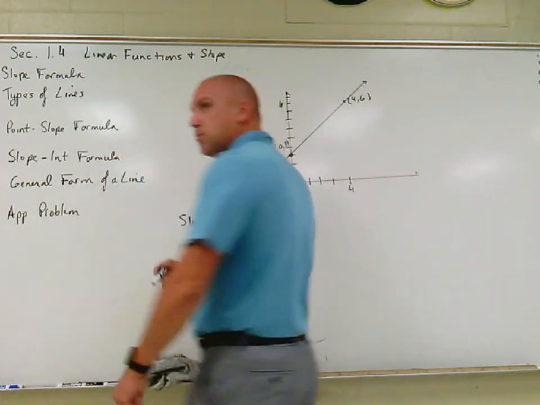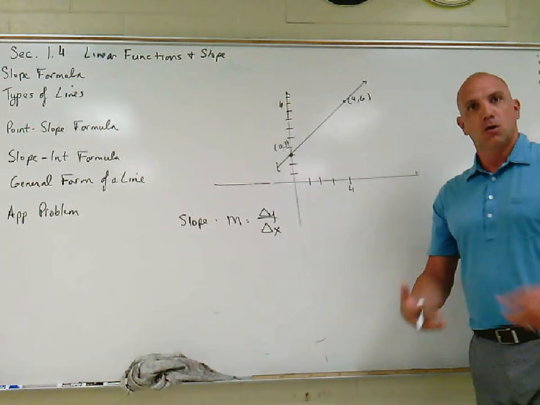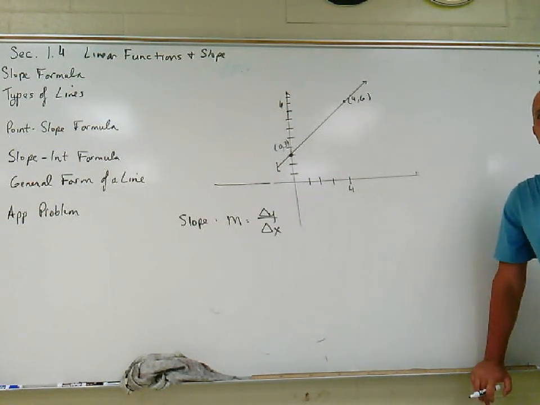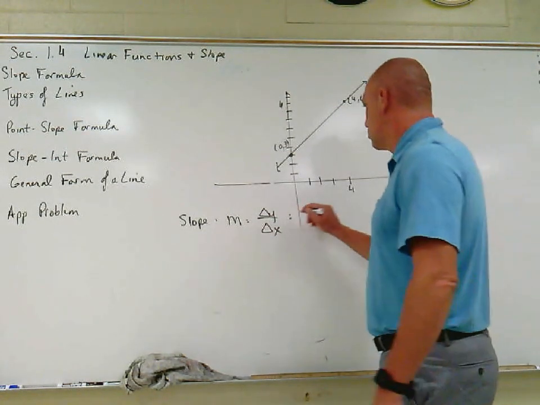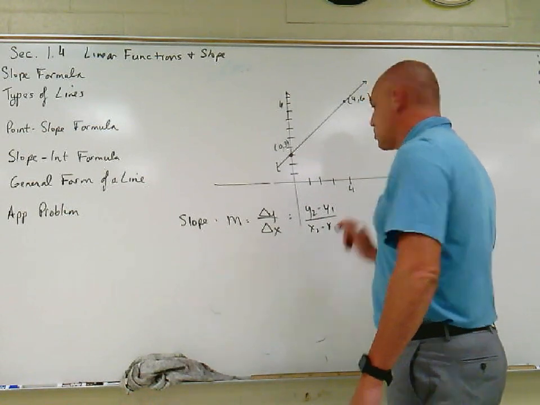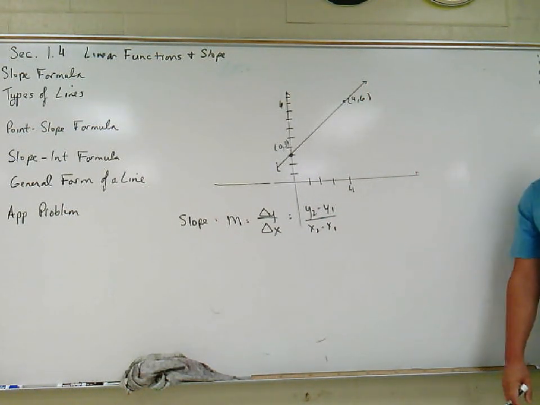So we use the symbol delta in math to represent change. But how do you calculate change in y and change in x, more specifically? Yep. So you do y2 minus y1 over x2 minus x1. So you use the second quantity minus the first quantity, and there's your change in y and change in x.